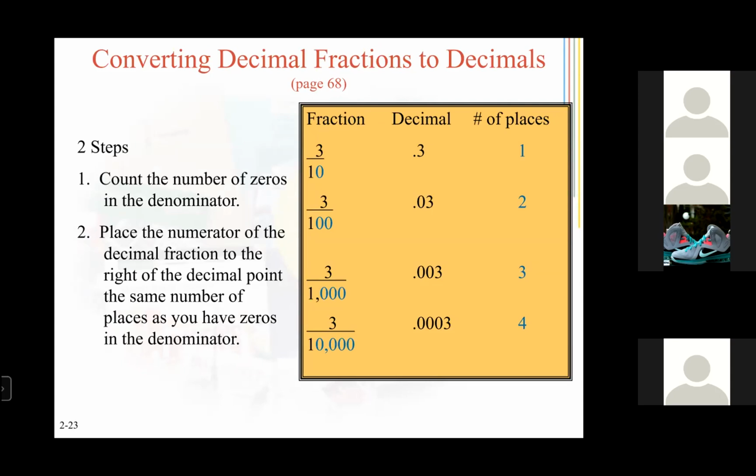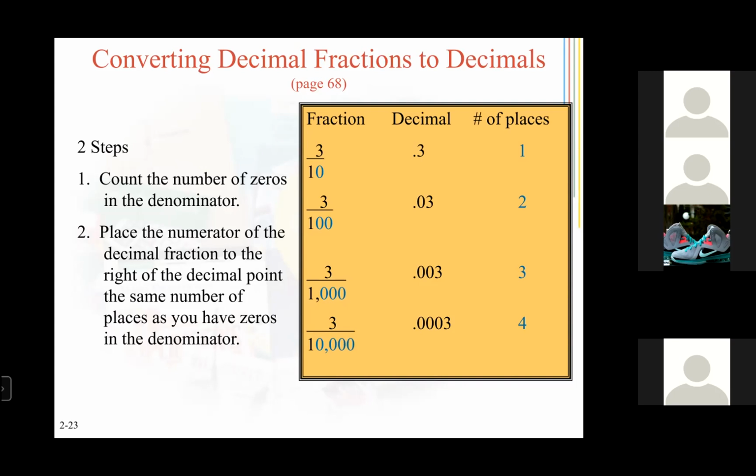All right, so they give you some examples here. So if you were to convert decimal fractions to decimal, and by decimal fractions, we mean fractions where the denominator is a power of 10. So in those fractions you have there, 3 over 10, 3 over 100, 3 over 1,000, 3 over 10,000, all of them have their denominator as a power of 10.